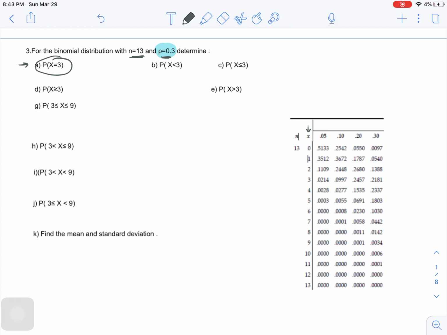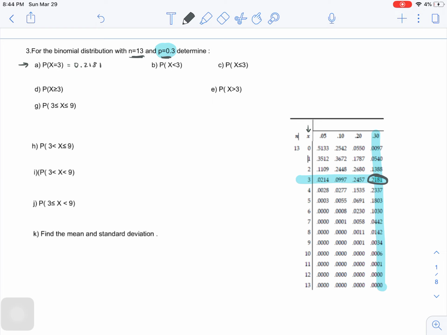Well, for part A, I want the probability that x equals 3. So I'm going to look at this row. And I know that p equals 0.3 because I'm given that. So I just want to look at this column always. And so I know that the probability that x equals 3 must be 0.2181.